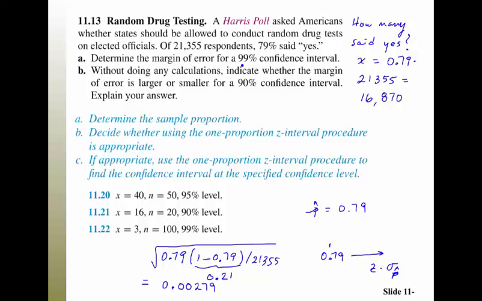How are we going to get the z? We want a 99% confidence interval. So what are we going to look at? This is review. So we're going to take z of what? What would we be looking for?